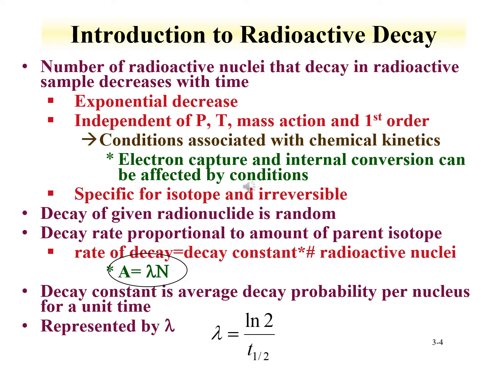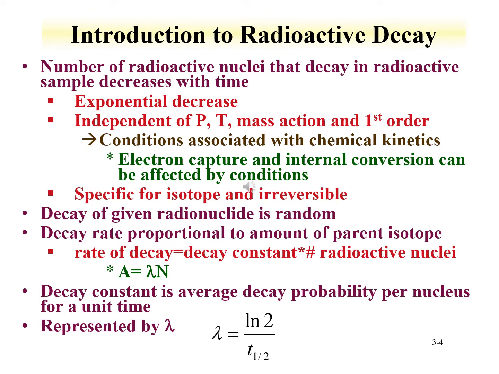If I had 100 atoms, selecting which radioactive atom would decay is probabilistic. I could make a bet that 50% would decay within a half-life, but I couldn't predict which one would decay. I could talk about the lifetime of each given atom, but I can't specifically state which radioactive isotope would decay at a given time.